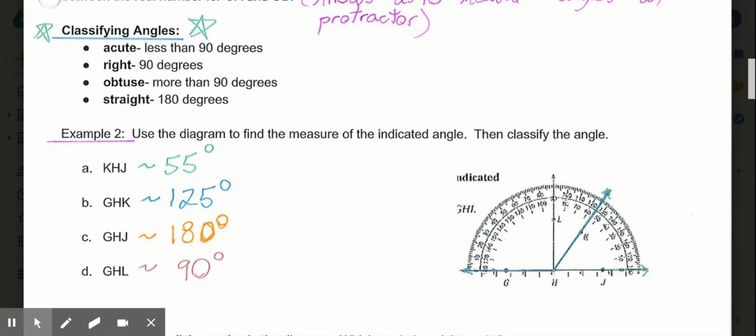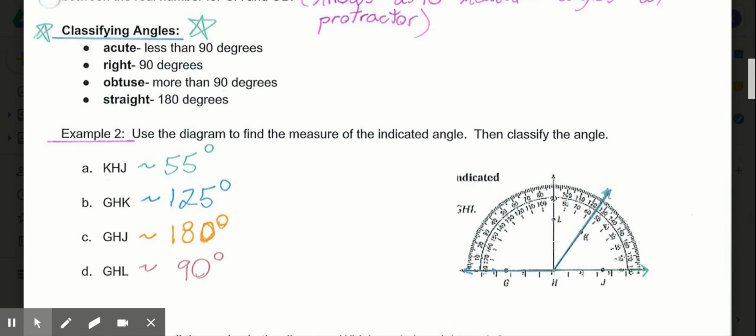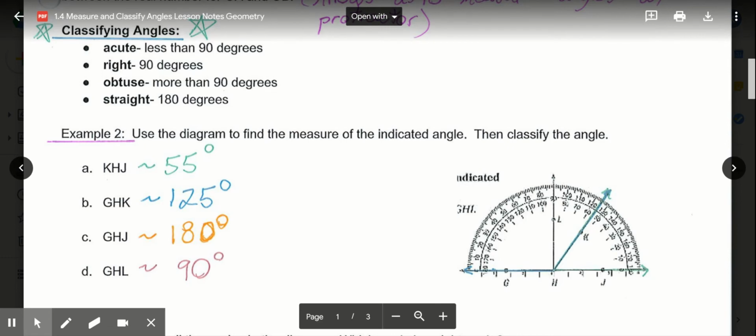Example 2 says, use the diagram to find the measure of the indicated angle, then classify the angle. So we're looking at our diagram here with the protractor and the different rays.